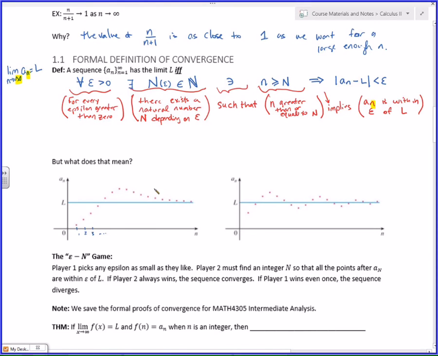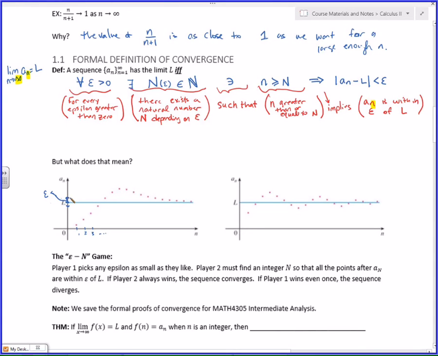You're getting closer, okay? Now, in order to say this actually converges at infinity, what that means is you need to be able to choose any epsilon. So let's say I choose this epsilon right there. That distance from the center out to the edge is epsilon.